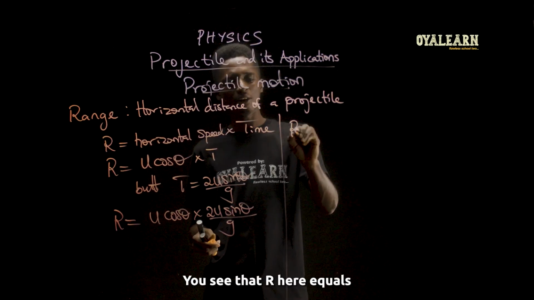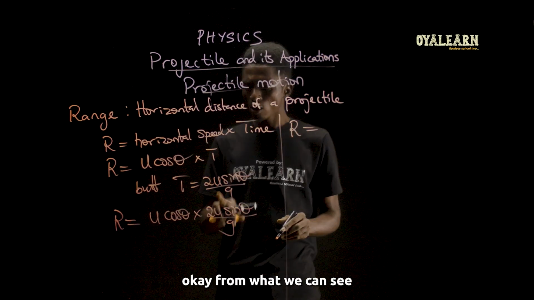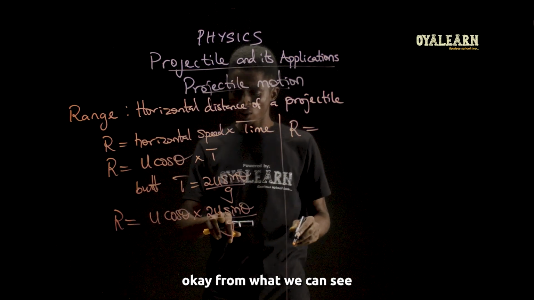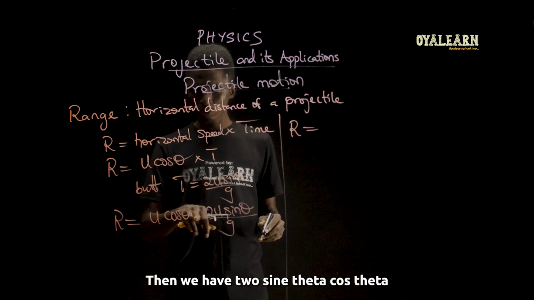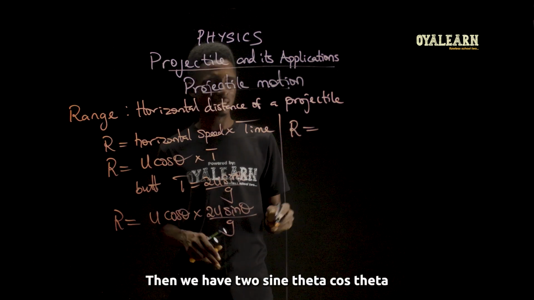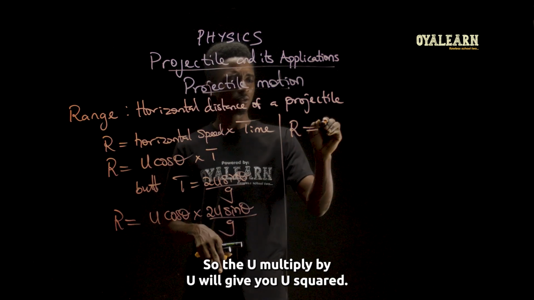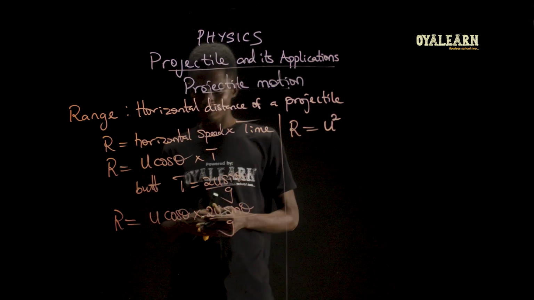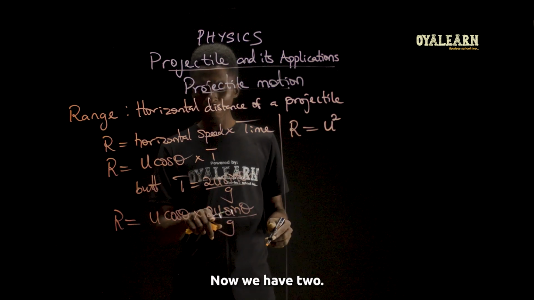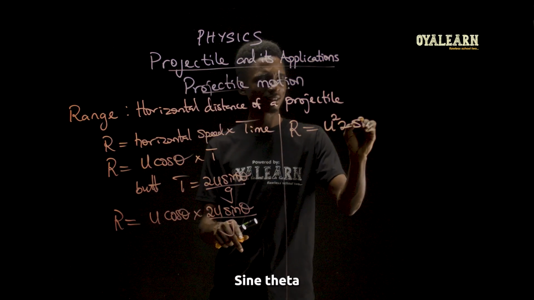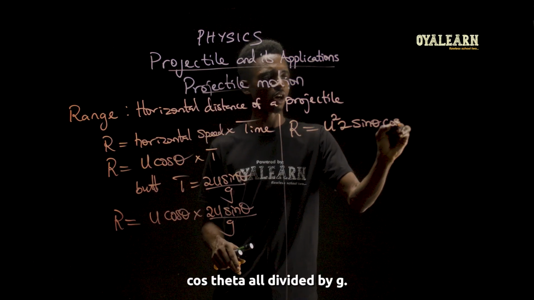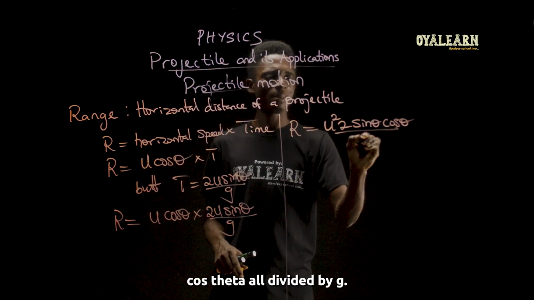You see that R here equals, from what we can see, u and u, then we have 2 sine theta cos theta. So u multiplied by u will give you u squared. Now we have 2 sine theta cos theta all divided by g.